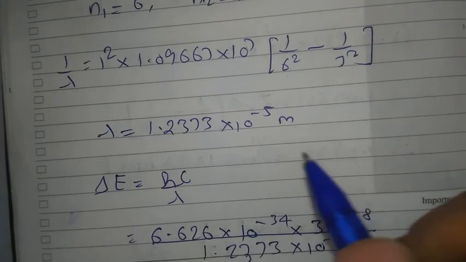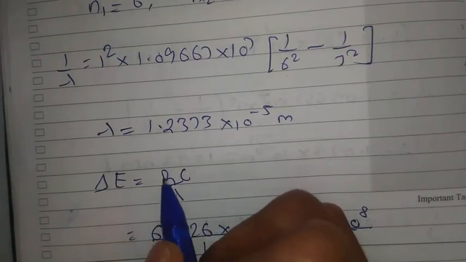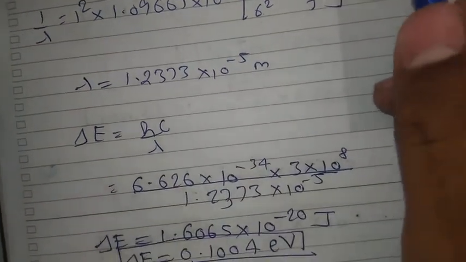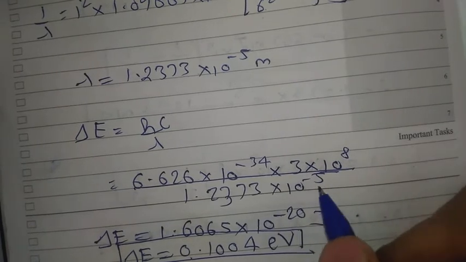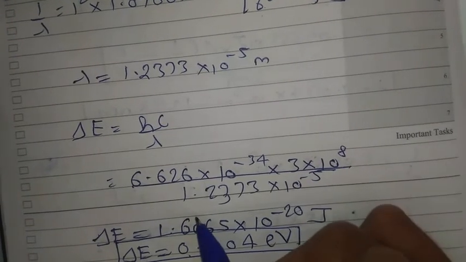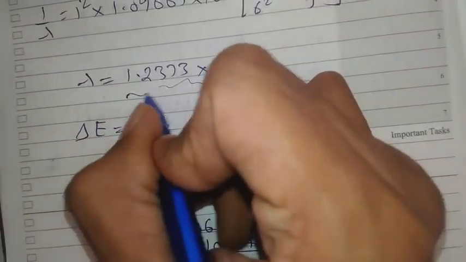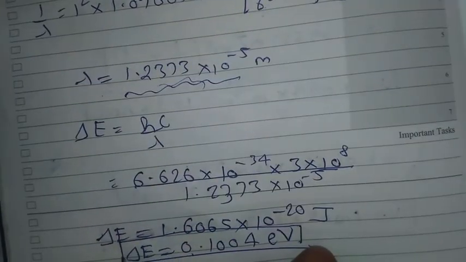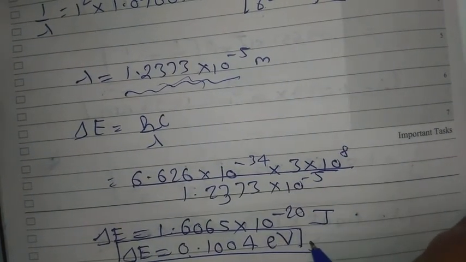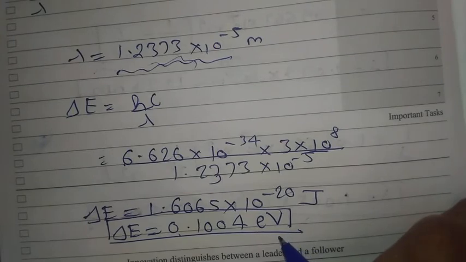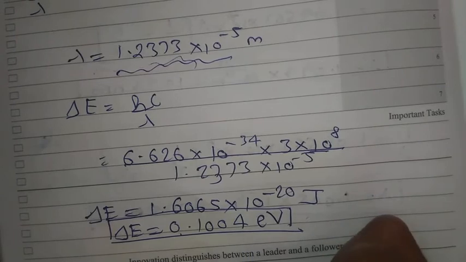Now using the Max Planck formula, delta E is equal to hc by lambda, where h is equal to 6.626 into 10 to the power minus 34, into the speed of light, upon the wavelength which we got here. So delta E is equal to 1.6065 into 10 to the power minus 20 joule, and on converting it to electron volts, delta E is equal to 0.1004 electron volt.